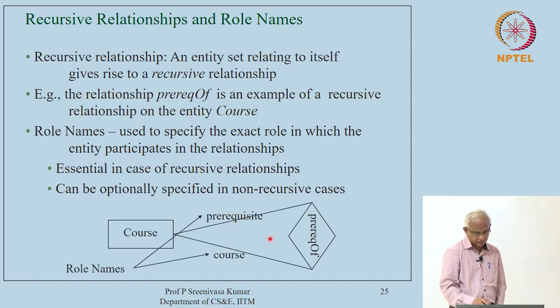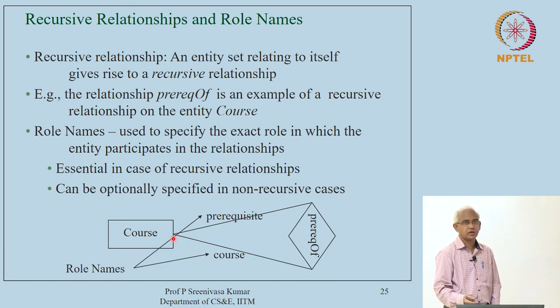Now, here is a picture. Prerequisite of is a relationship, and a course is participating in this relationship. So, basically what we are saying here is that certain courses are prerequisites of other courses. That means, unless you complete that course, you should not take the other course. The meaning of prerequisite is very clear to you.